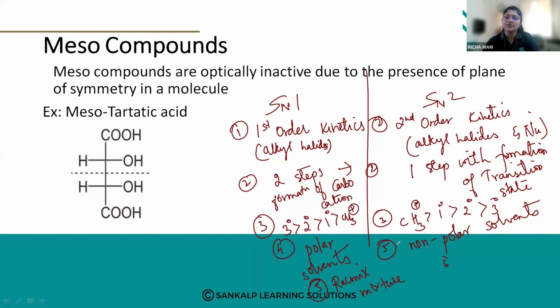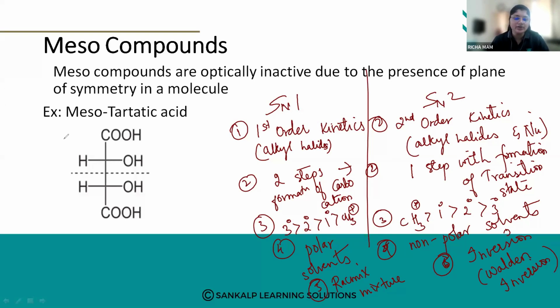And in SN2, the product formed is an inverted product, and the inverted configuration is called Walden inversion.